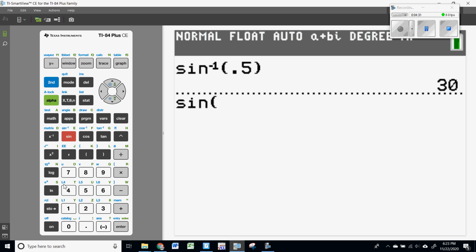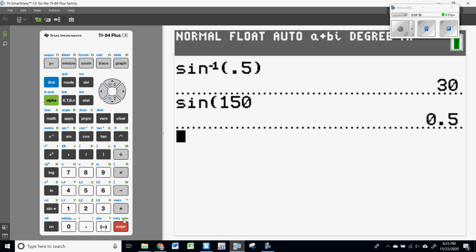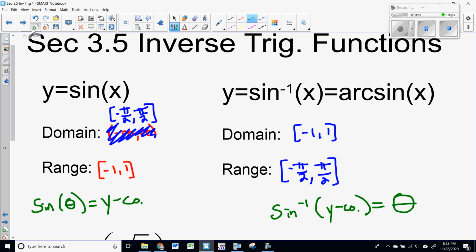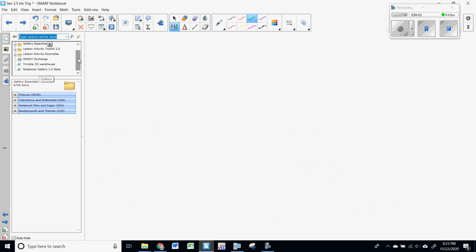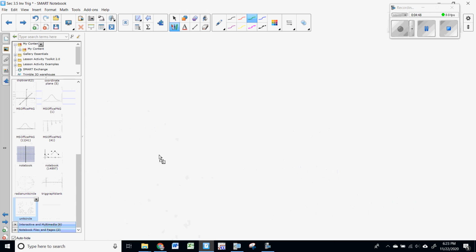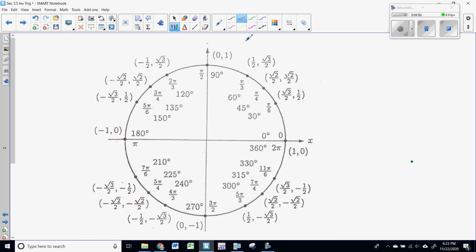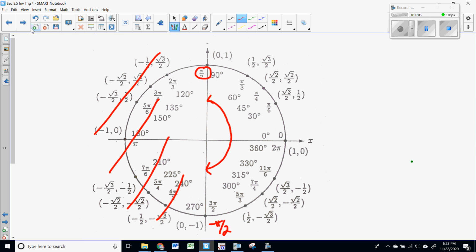But the problem is the sine of 150 also has 1/2. So if you remember, when we looked at this with our unit circle back when we were first doing trig, it only gave us certain answers. We only got answers from pi over 2 to negative pi over 2, in this quadrant. We couldn't get answers over here because then it wouldn't be 1-to-1 and all that kind of good stuff.